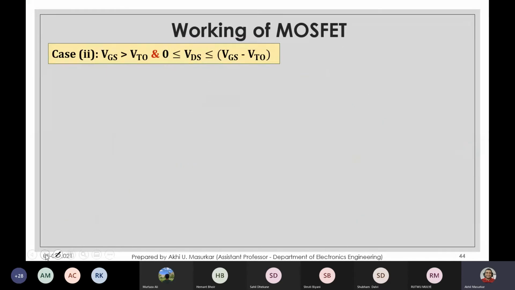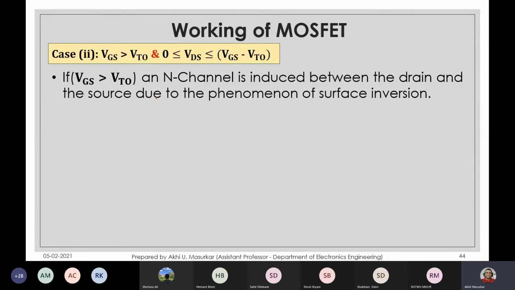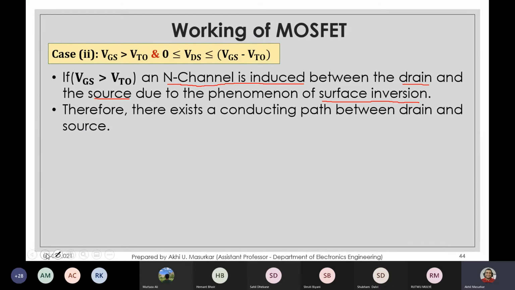First thing is, if VGS is greater than VTO, an N channel is induced between the drain and source due to the phenomena of what? This phenomena is called surface inversion. Therefore, there is a conducting path between drain and source.